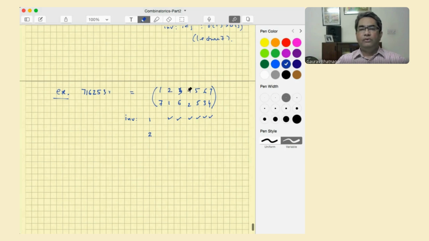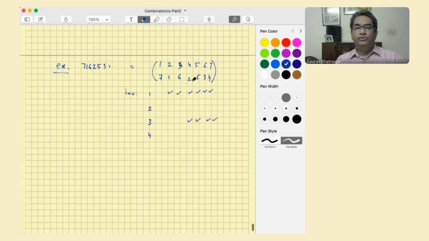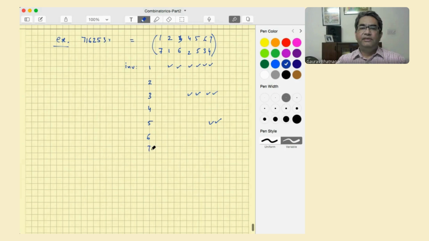Now let's look at this guy: 2 goes to 1, but it's less than all the other guys, so there are no inversions here. 3 goes to 6, it's bigger than this and this, so 4, 5, 6, 7 are all inversions. 4 goes to 2, again it's smaller than all these, nothing here. 5 is bigger than 3 and 4, so yes. Then 6 is not an inversion, but for 7, there is one inversion.